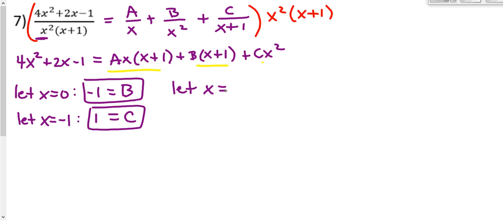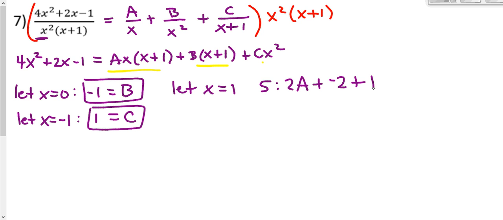How about 1? Sure, why not? Okay, so we have 4 plus 2 minus 1. So 5 equals a times 1 times 2, 2a, plus b times 2, and b is -1, so that's going to be -2, plus c times 1 squared, so c times 1, and c is 1, so that's going to be 1.